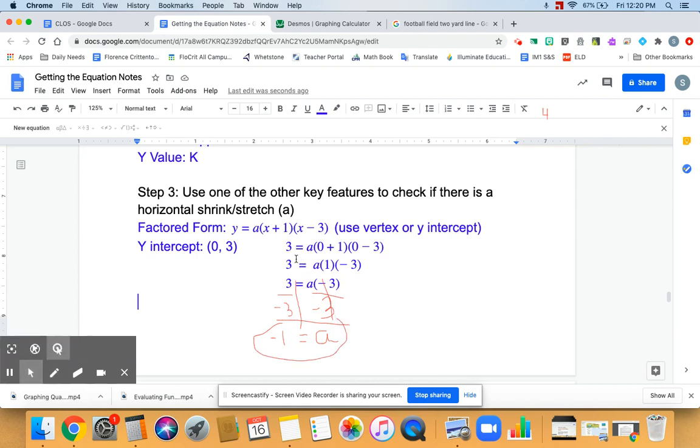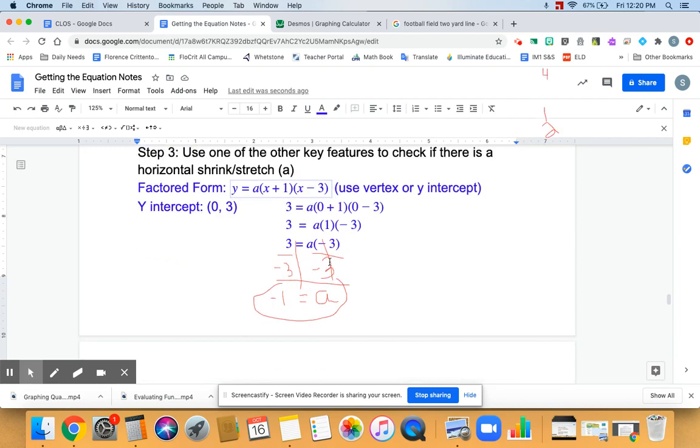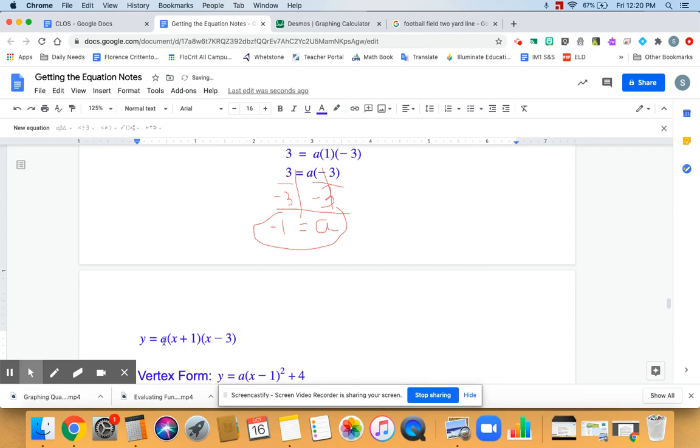So this is almost my equation. However, the a in front needs to be a -1. So after doing all that math, I realized that my final answer needs to be negative in front. So this is our final answer in factored form.